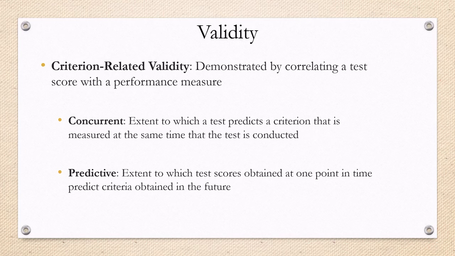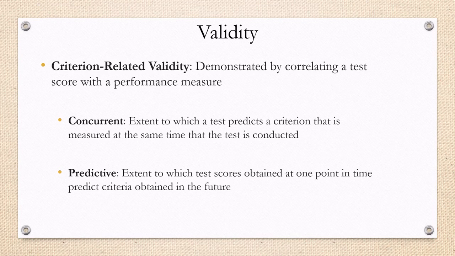We can do this in two ways, either concurrently, looking at the extent to which a test predicts a criterion that is measured at the same time that the test is conducted. For example, this might be using our current employees and getting a measure of the predictor we want to use and the performance, and seeing how closely related they are.